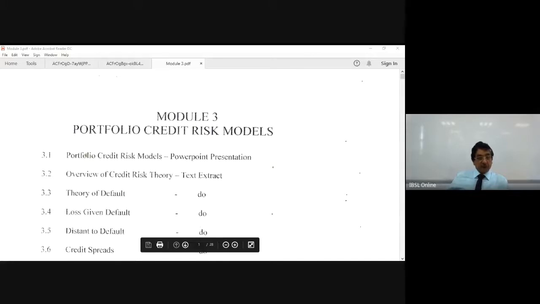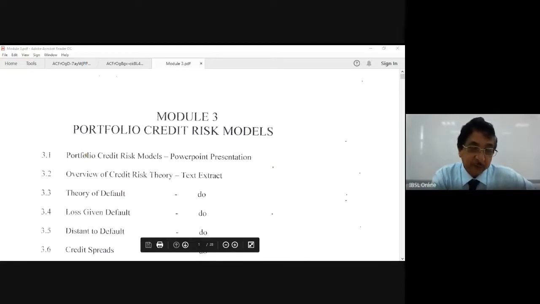In order to arrive at the expected credit loss, or we call it risk, we have gone through the calculations with regard to some parameters.